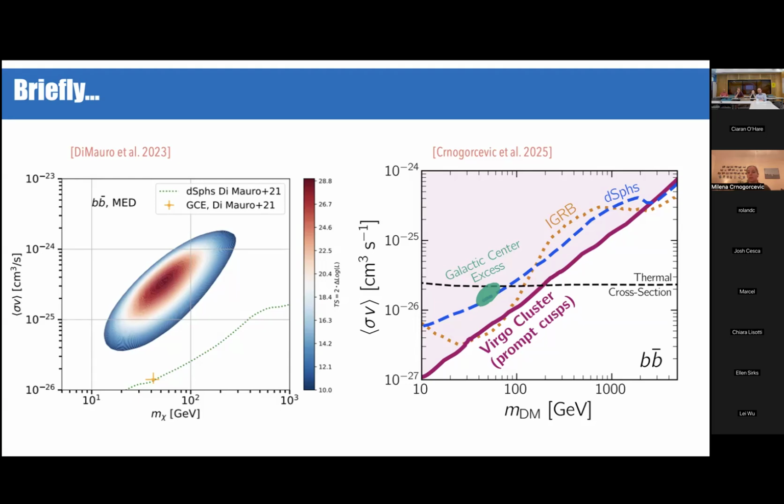And this argument helps us provide some of the strong limits, excluding the tension with the galactic center excess and improving the dwarf spheroidal limit by almost an order of magnitude at some parts, and being consistent at higher masses.